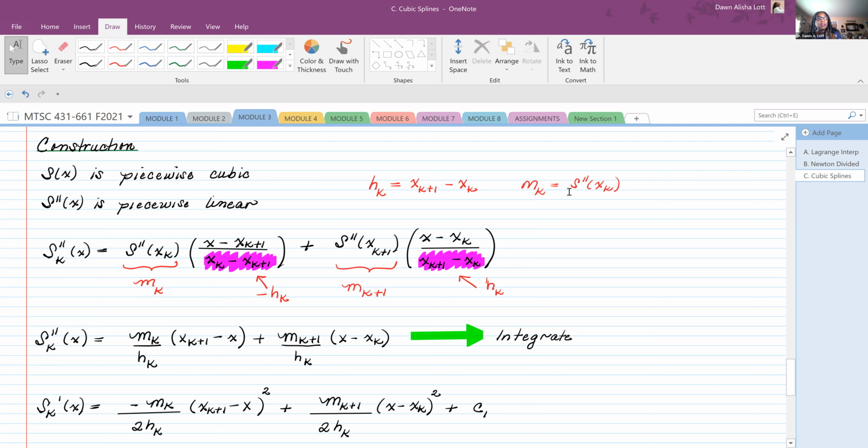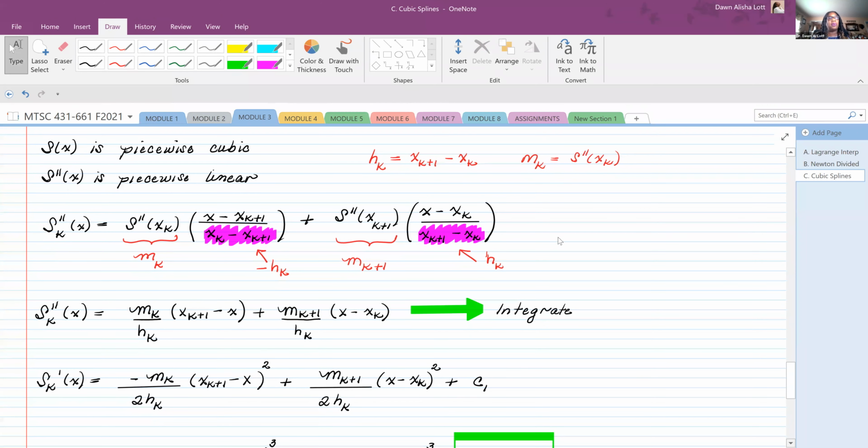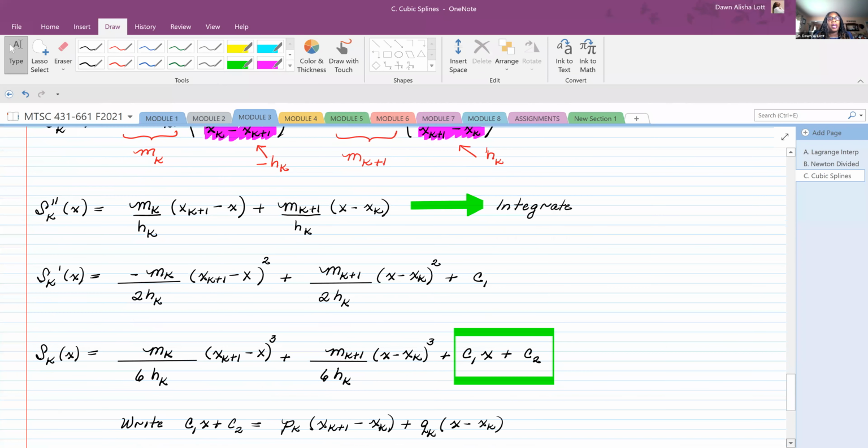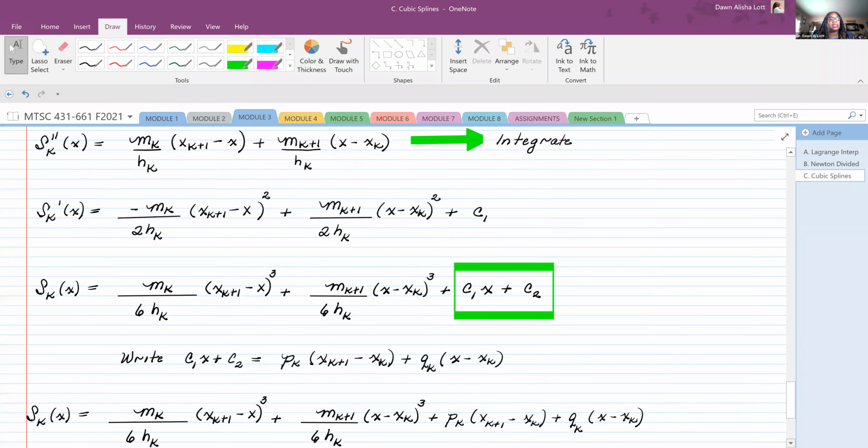Okay, so we started there and we integrated. So that thing we knew was a linear function. So we made it a linear function using our Lagrange interpolating polynomials. Okay, and then we integrated that to get the first derivative, and then we proceeded to integrate one more time to actually find out what sk was.